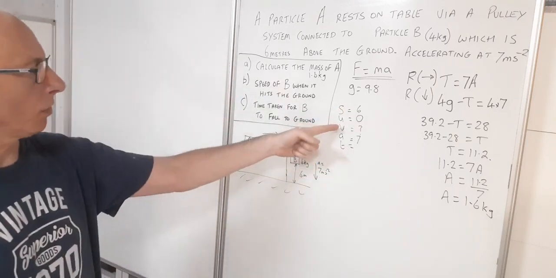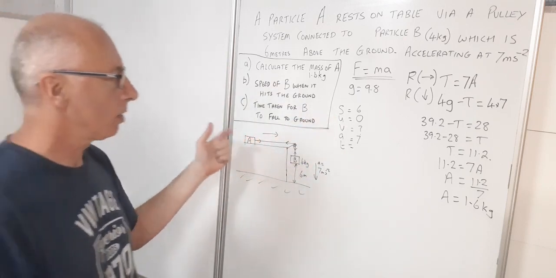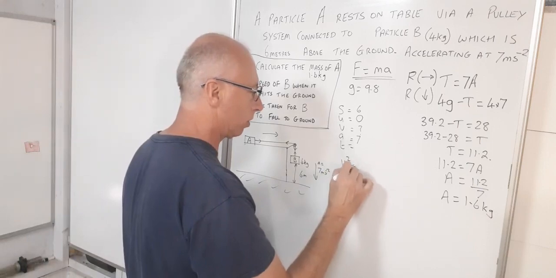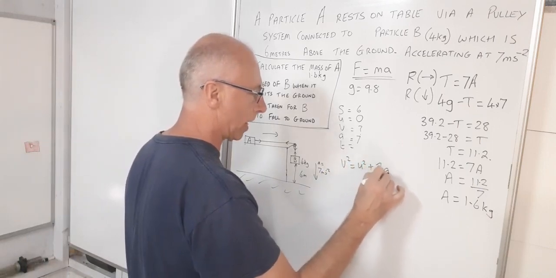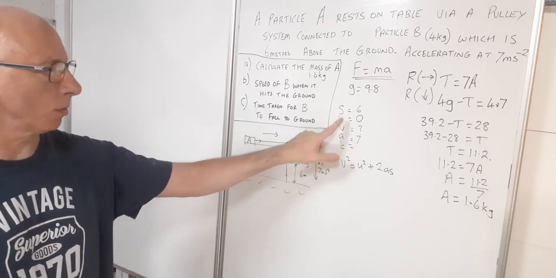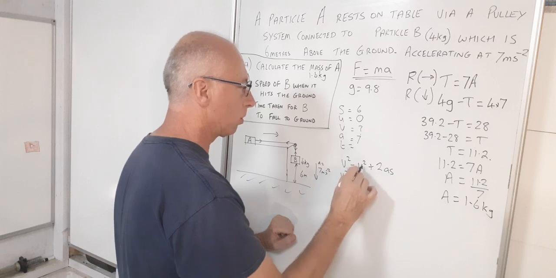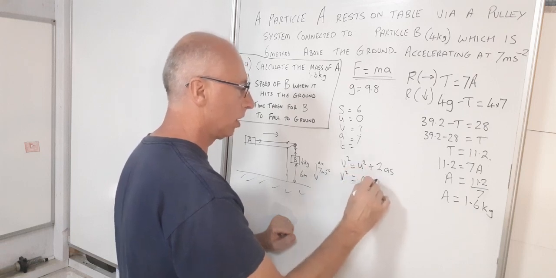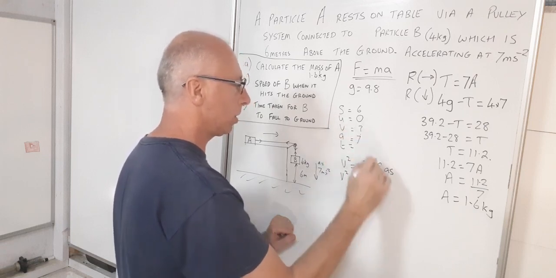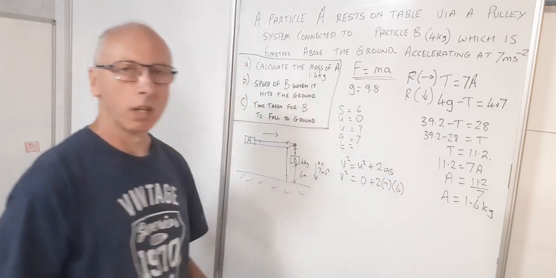The equation we've got with S, U, V and A is V squared equals U squared plus 2AS. We can make use of that and solve for V squared, because we've got all the other variables. So V squared equals U squared, which is 0, plus 2 times A, which is 7, times the displacement, which is 6.